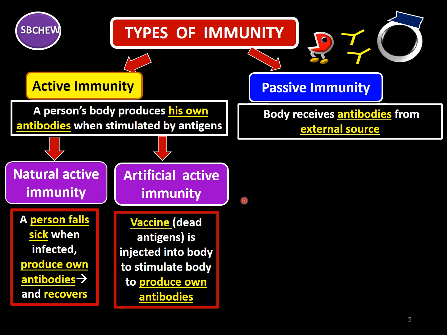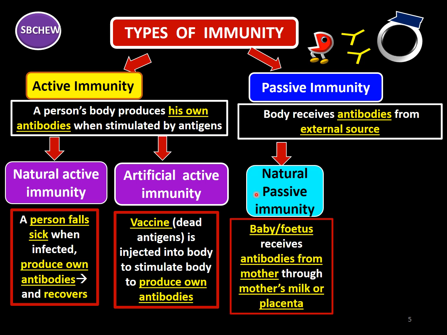Now, passive immunity is divided into two types too, and that is natural passive immunity and artificial passive immunity. In natural passive immunity, the baby or fetus receives the antibodies from the mother through the mother's milk, or if it's a pregnant lady, then the fetus will receive the antibodies from the mother through the placenta, which is an organ that supplies the baby with food, oxygen, and also the antibodies.